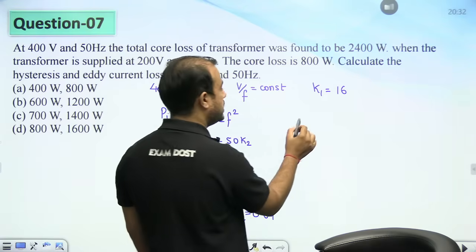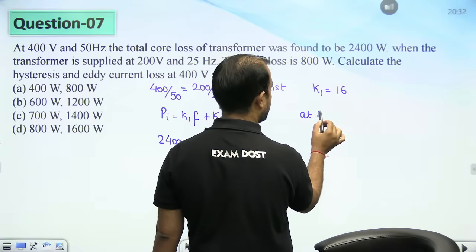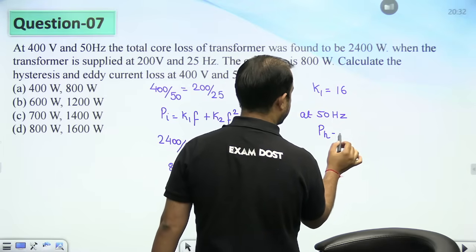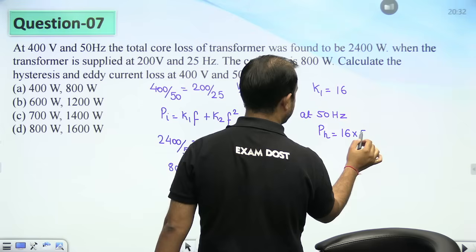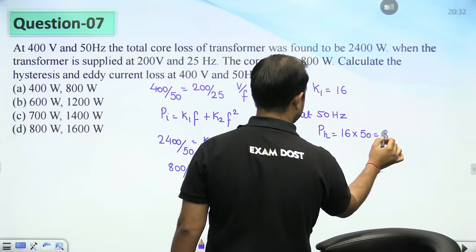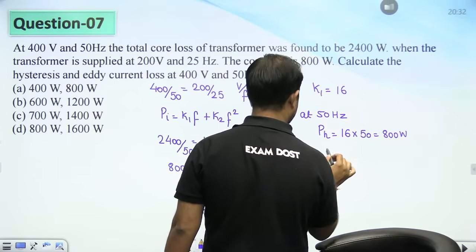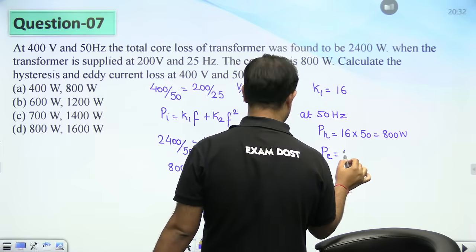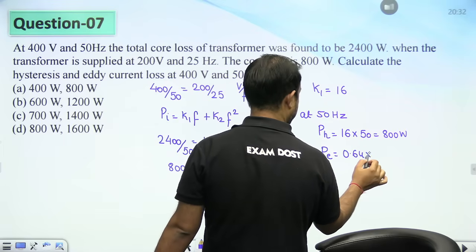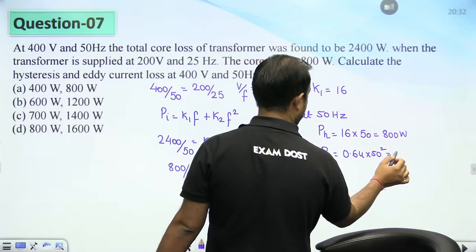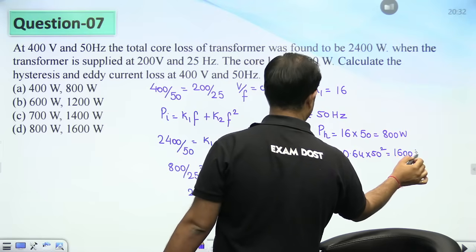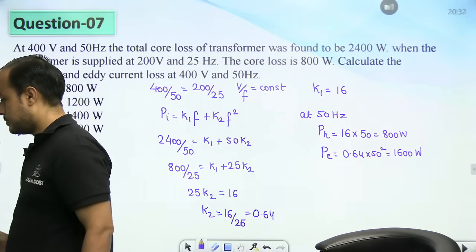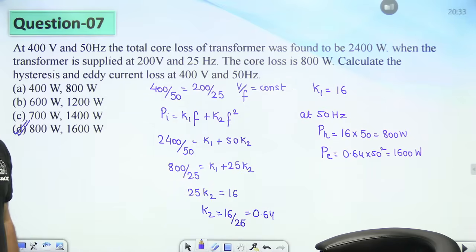Now at 50 hertz beta, hysteresis loss is 16, K1 into 50. Eddy current 1600 watt. So 800 and 1600. Okay. Chalo. Try the next one.